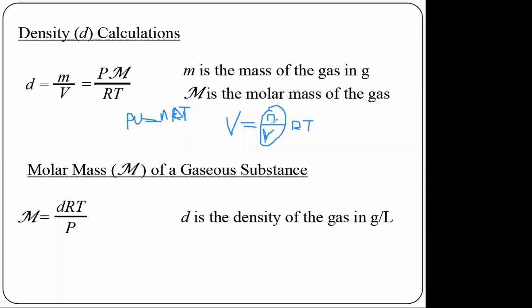So we are making V the subject of formula, so it should be N R T over P is equal to this. Now substitute this expression, the whole of this expression, for volume here. Then you will have this expression: M divided by N R T over P.